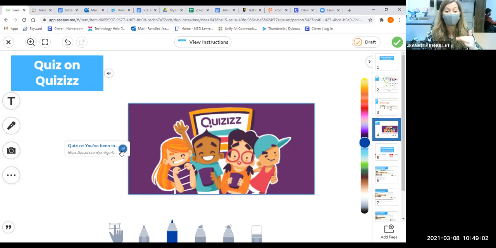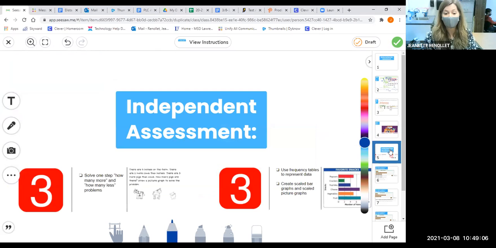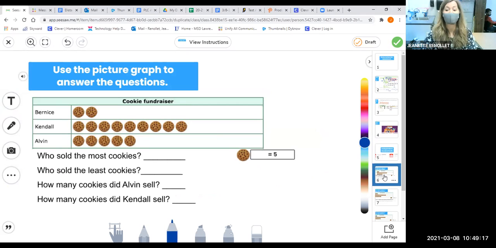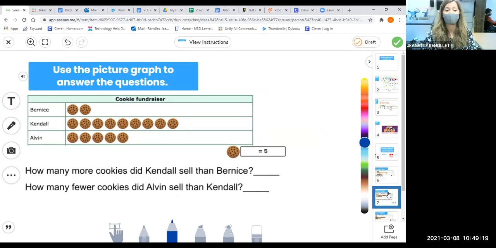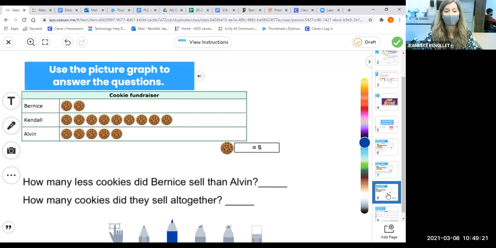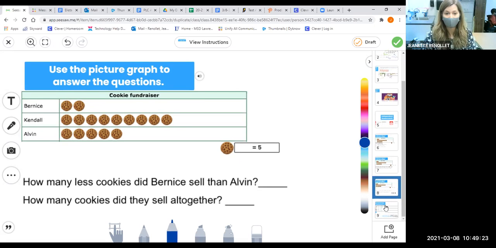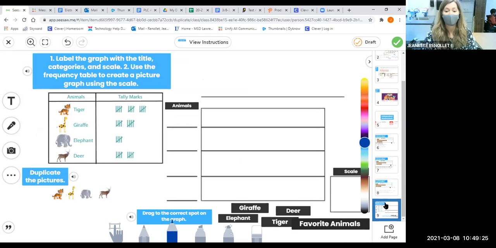When you get done with the quizzes, you have permission to go to the next slide and start your assessment. You will see slide number 5 says independent assessment. If you keep going, you will see the questions that you need to answer using the data. And then on the last slide, you need to make your own graph.